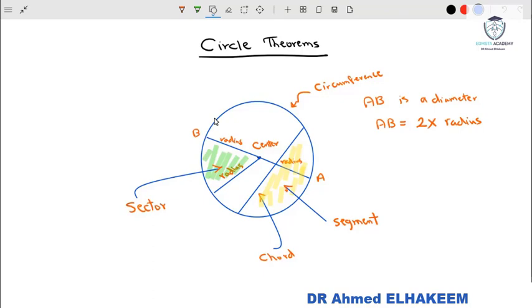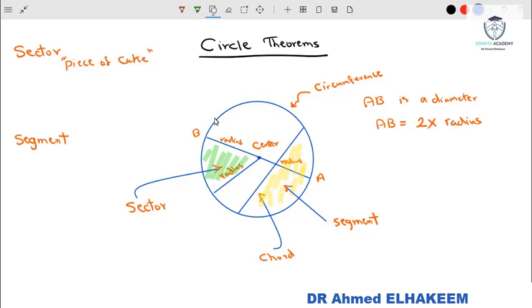So we need to differentiate between sector and segment. Sector is like a piece of cake in the circle. So it is like a piece of cake, or a piece of pizza. Okay, so this is sector.